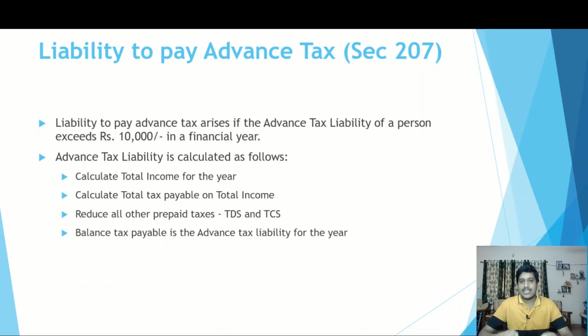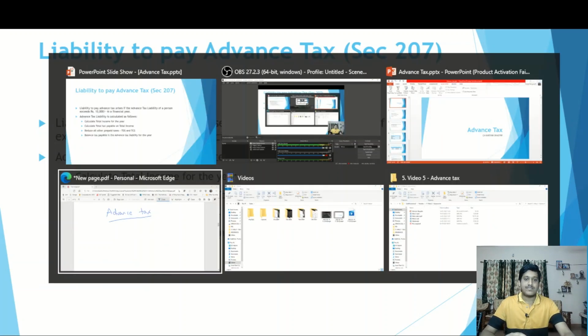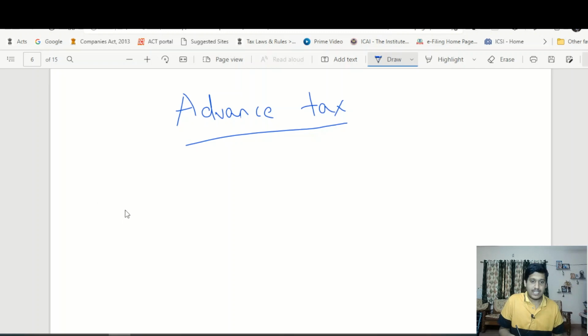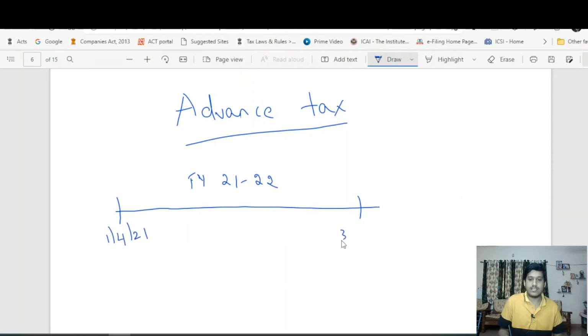Basically, any tax that is paid in advance is called advance tax, as the name suggests. As we all are aware, we are in the financial year 2021-22. 1st April of 2021 till 31st of March 2022 is the financial year 21-22.